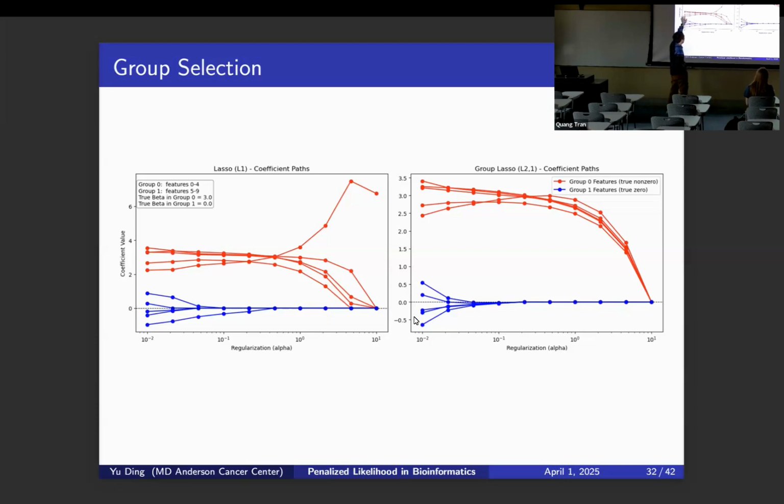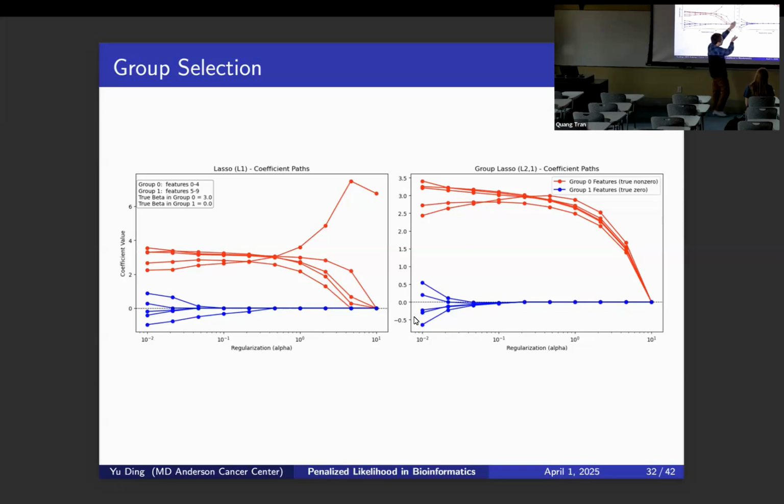And for example, this one will even have a jump to a quite large number. They behave quite differently within groups. But with the help of group selection, we can see the coefficients within each group behave quite consistently. They are similar or the same.